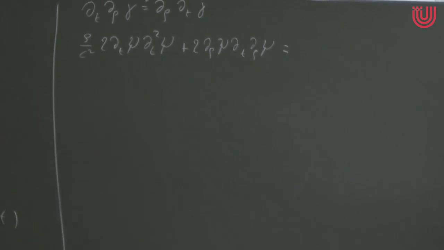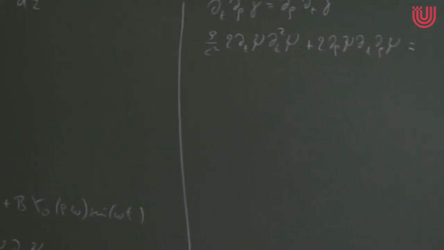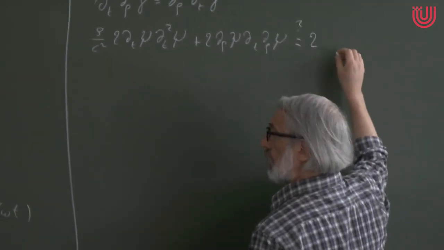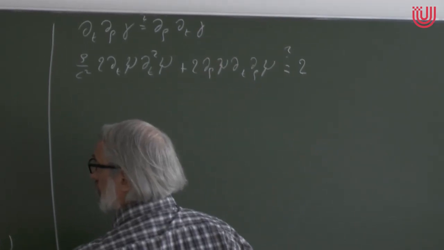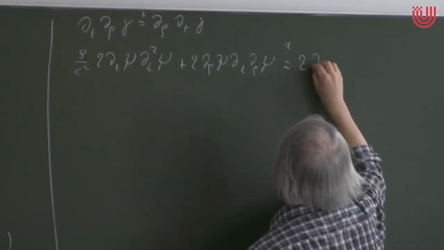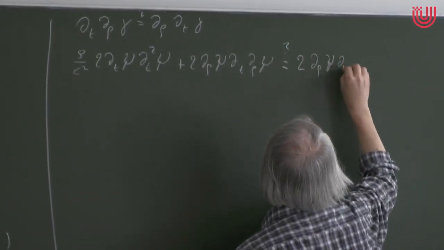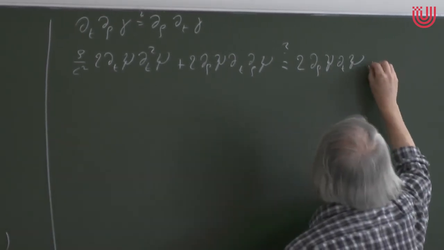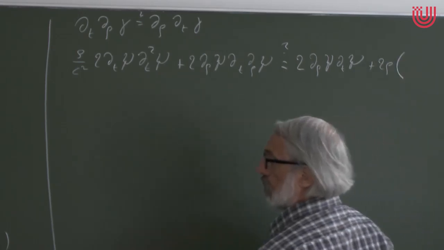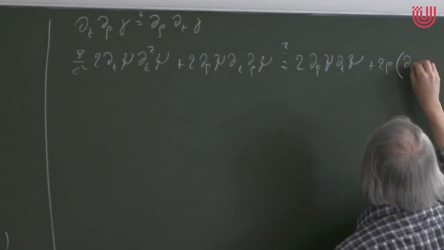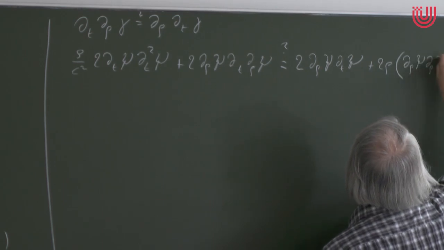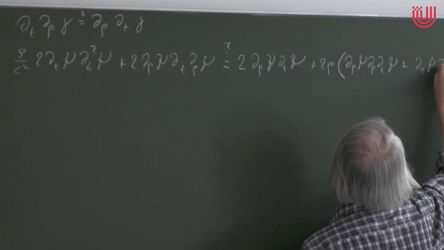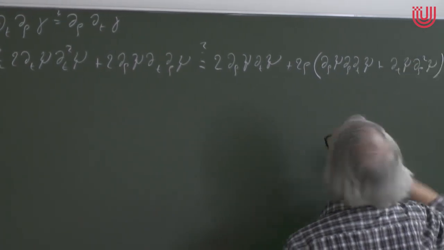And on the right-hand side, I have the rho derivative of this expression. Is this the same as 2? If I differentiate with respect to this term, then I get d rho psi dt psi plus 2 rho d rho psi d rho dt psi plus dt psi times the second derivative of psi.